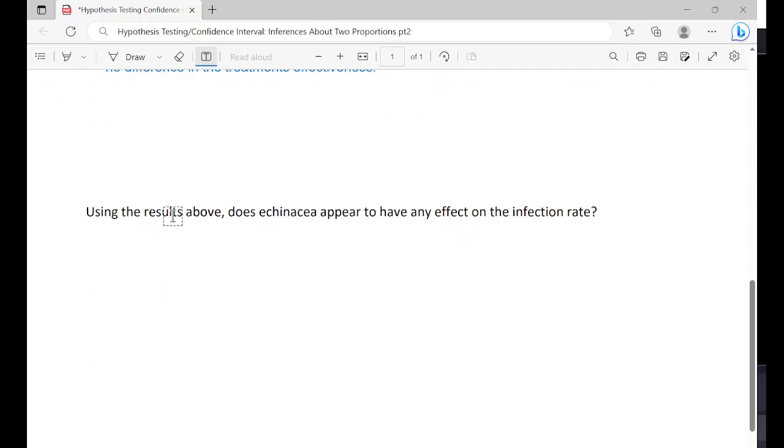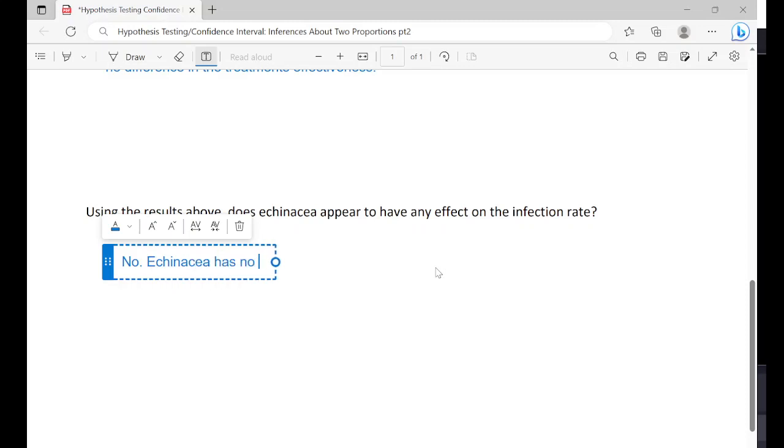And finally, we're going to use the results above to answer this question. Does echinacea appear to have any effects on the infection rate? Again, simplest is easiest. We can say no. Echinacea has no effect on the infection rate.